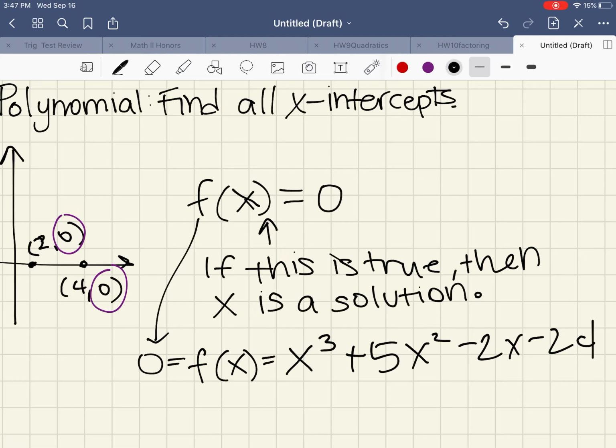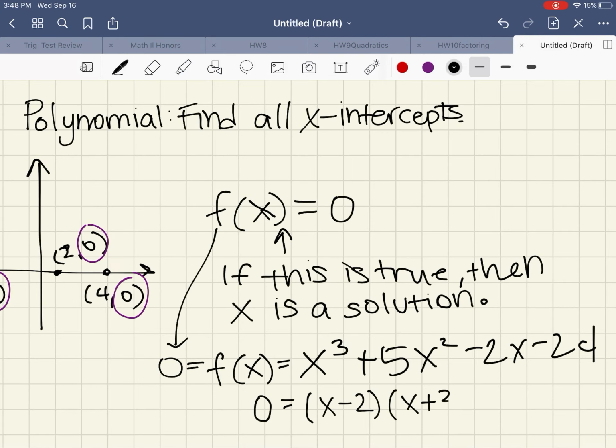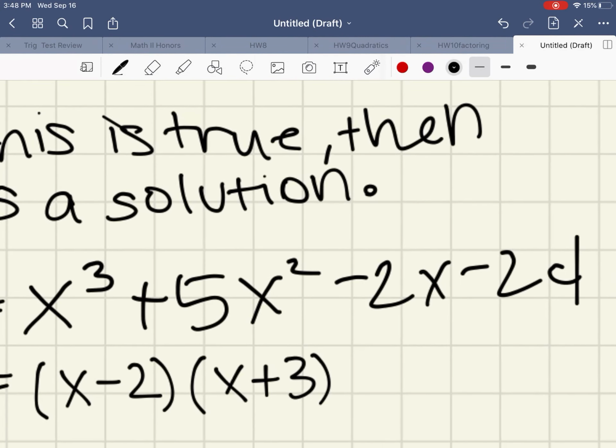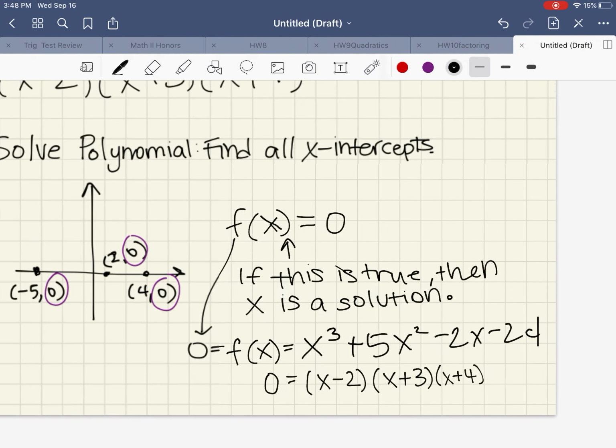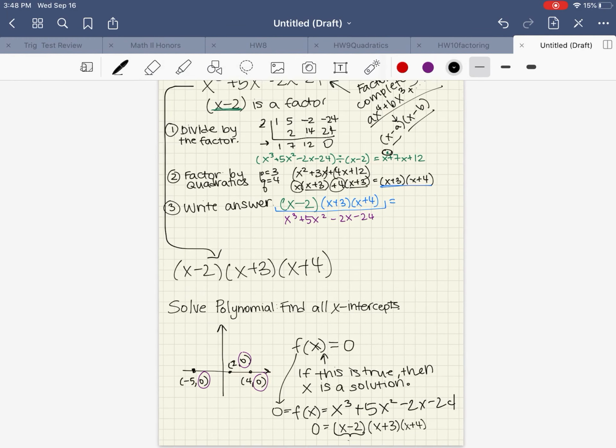But because I was able to factor it, I can say 0 is equal to (x minus 2) times (x plus 3) times (x plus 4). Now if one of these is equal to 0, everything is equal to 0, because anything times 0 is equal to 0.